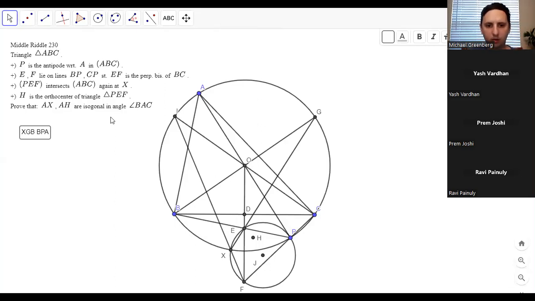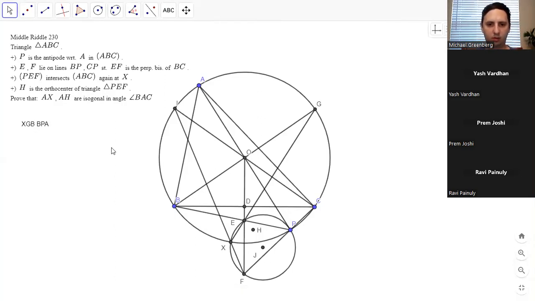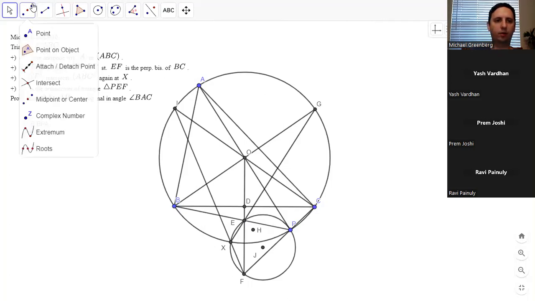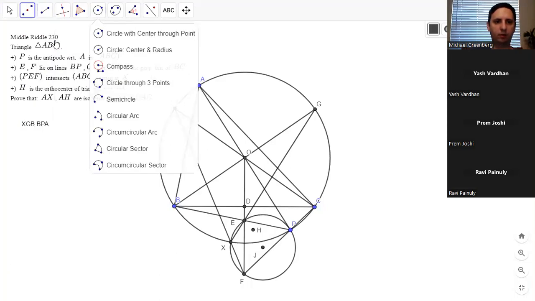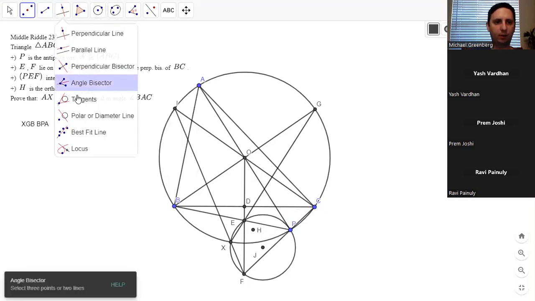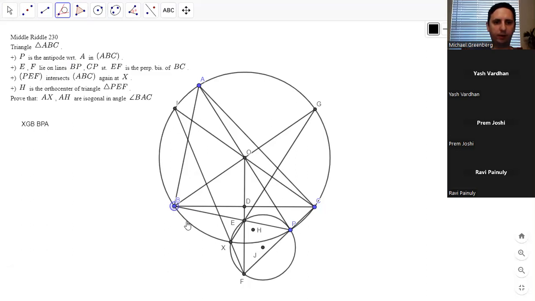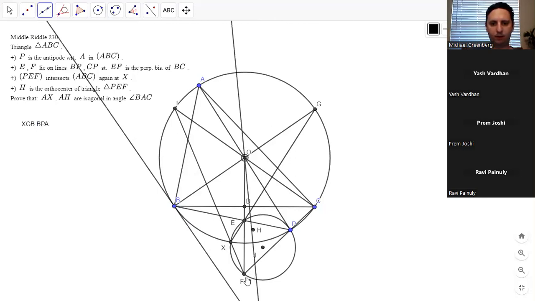Basically, that means the line OE, which is the perpendicular bisector of BC, and the tangent at B and AX concur. So basically, AX is the C median. Okay. So the tangent, let's draw this. There we go. Okay. So if we draw the tangent at B and this line and AX concur. Okay. Yes. All right.